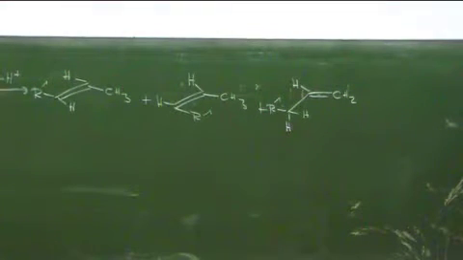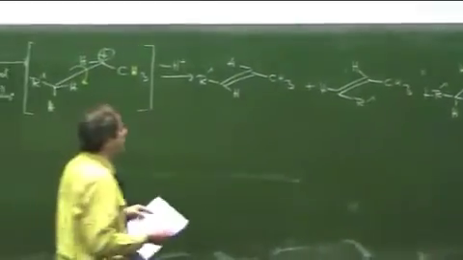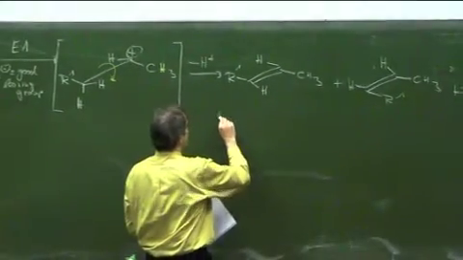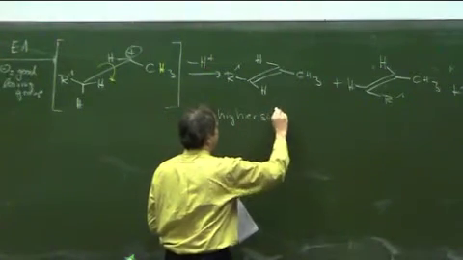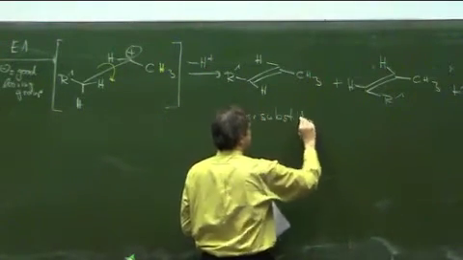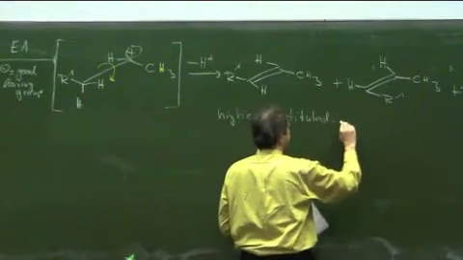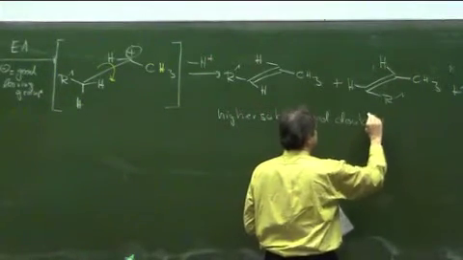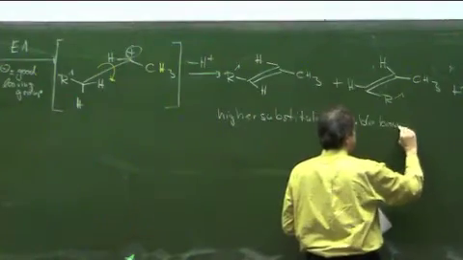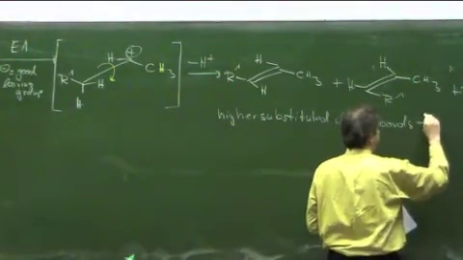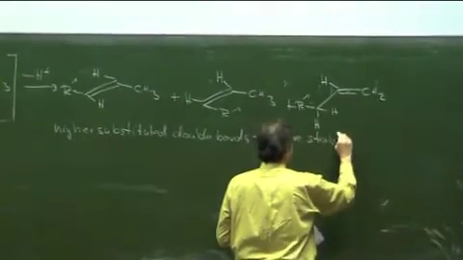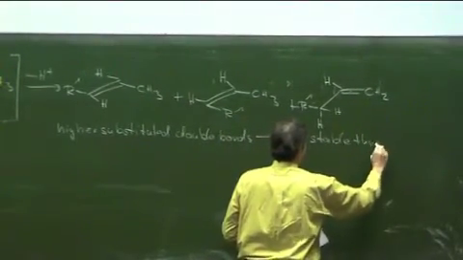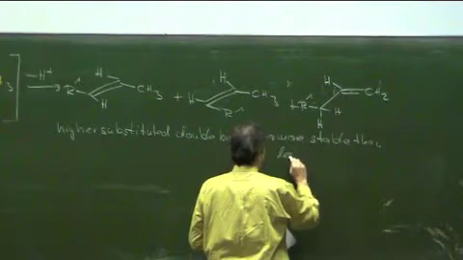And generally, this type of reaction is governed by thermodynamic control. And here we have the rule: higher substituted double bonds are more stable than less substituted double bonds.